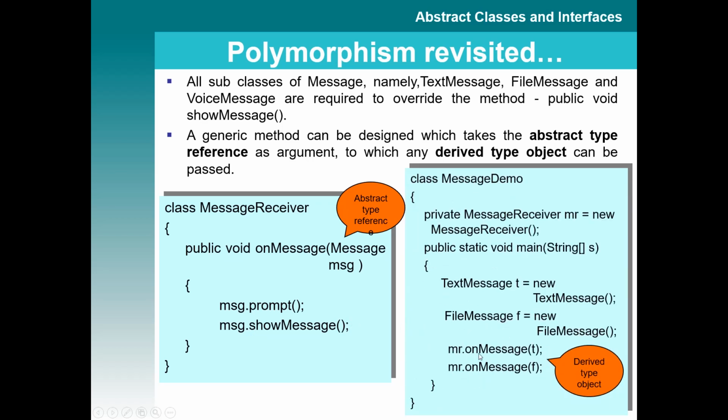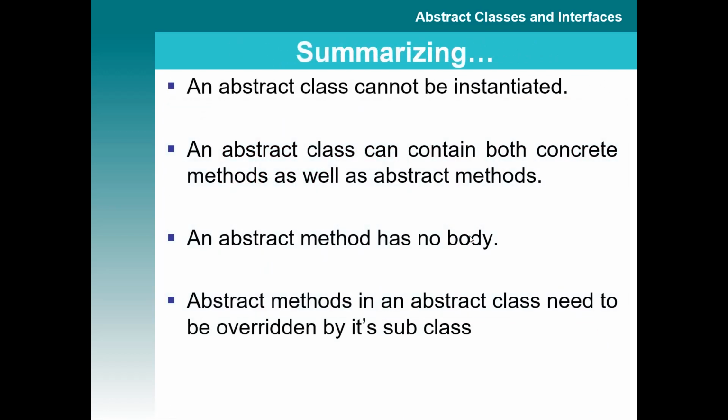So this onMessage method can get called with a text message object or a file message object or a video message or an audio message, and this method call message.showMessage will be dispatched polymorphically to that concrete implementation of the showMessage method. So that's the idea behind abstract methods. They are designed to be polymorphically invoked.